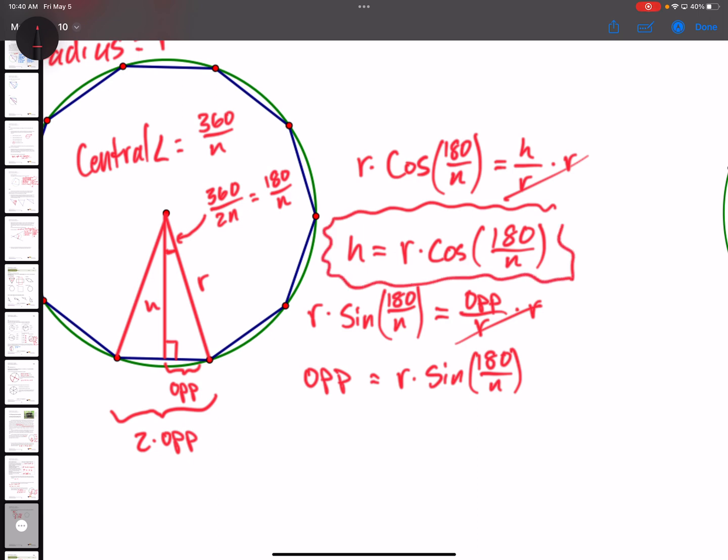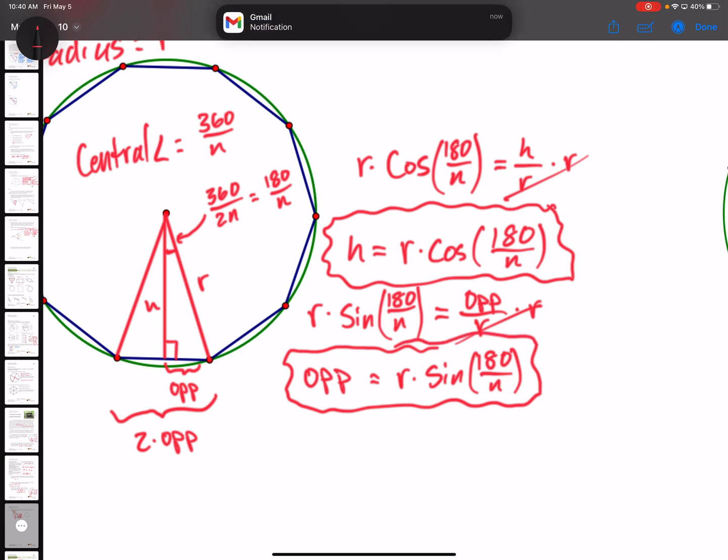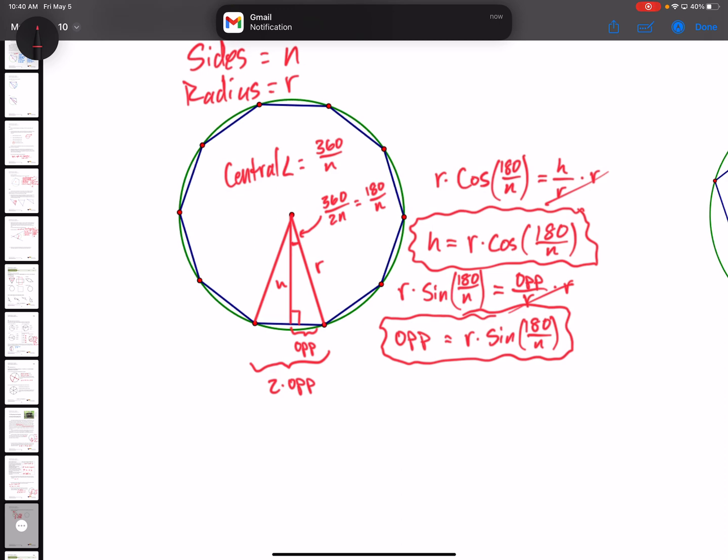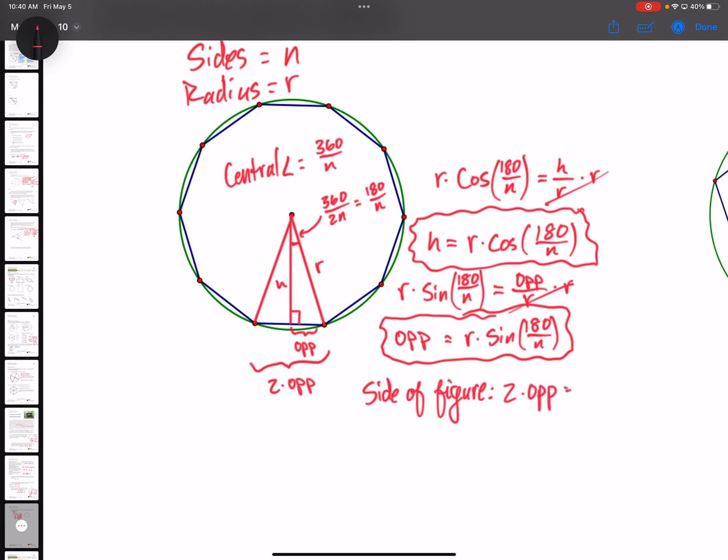I'm going to put these in a little box so that we can see them easier. Now the entire side of the figure was 2 times the opposite side, or 2r sine of 180 over n.